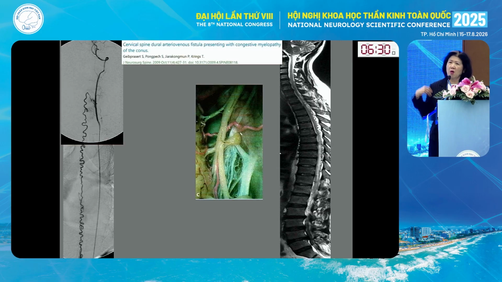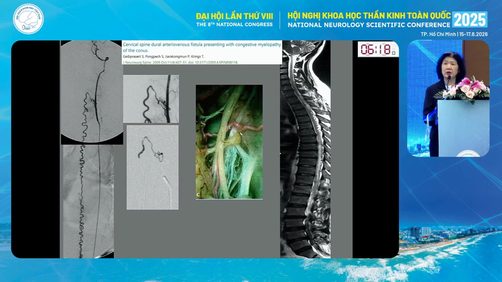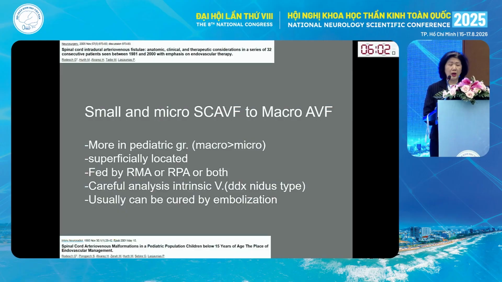So if you have more radiculopathy rather than myelopathy, think about the possibility of a radicular AV shunt, for which we do the same embolization. You cover the shunt and the proximal veins. This is, for example, a lesion that can congest the entire cord. It's the radicular AVM.